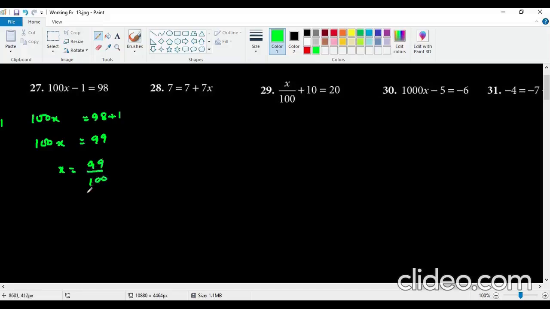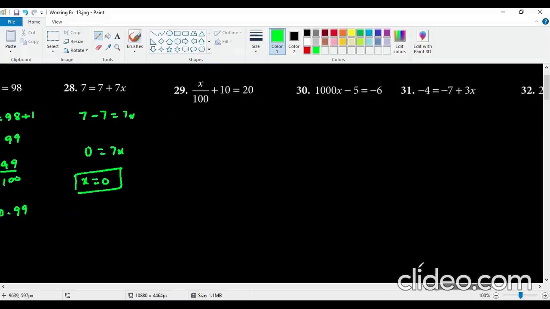So both ways, even if you leave the answer here, it's fine. And if you want to change it to decimal, it's going to be 0.99 as an answer. In here, 7 minus 7 equals 7x. That means 7 minus 7 is 0, and 7x, that means x is multiplying, so on the other side it will go and divide. So x is equal to 0 is the answer.